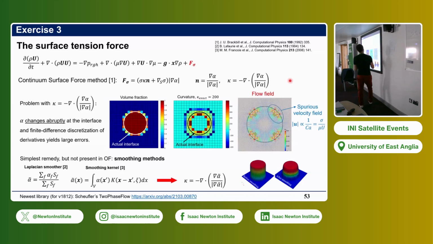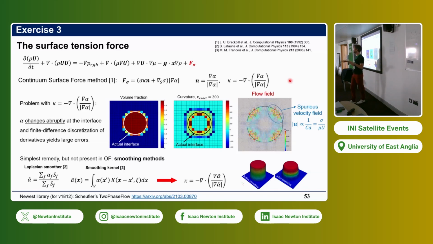There are some easy remedies, and a simple one is to smooth the volume fraction field. This problem happens because alpha changes sharply between 0 and 1. The typical finite difference discretization schemes to calculate a gradient are not made for sharply varying fields; they are made for continuously varying fields.